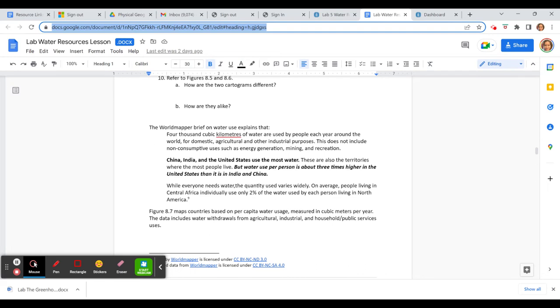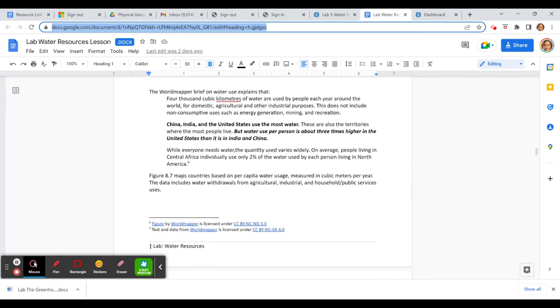China, India, and the United States use the most water, but they are also the three places on Earth where most people live. But water use per person is about 3 times higher in the United States than it is in India and China. So, as I've said, China has 8 times the amount of people as the United States, but yet in the United States, we're using 3 times the amount of water. While everyone needs water, the quantities used vary widely.